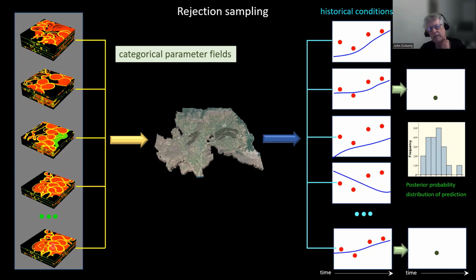If we can't adjust the parameter fields, well, you could argue that rejection's the only option we've got. In fact, it's not. And there's a method I'll talk about at the end of this webinar where we don't have to waste model runs, even if we do have categorical parameter fields. But that's coming in a few minutes. So that's rejection sampling.